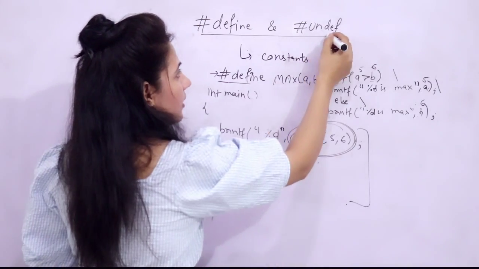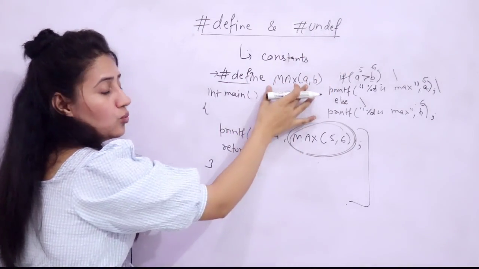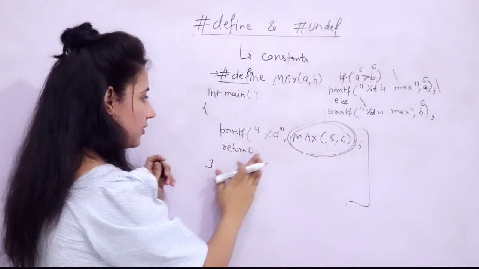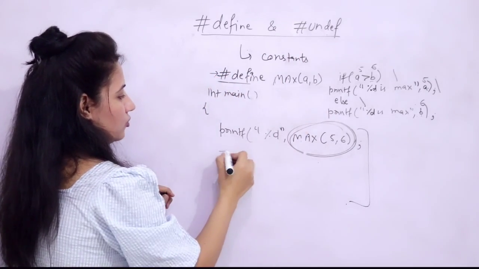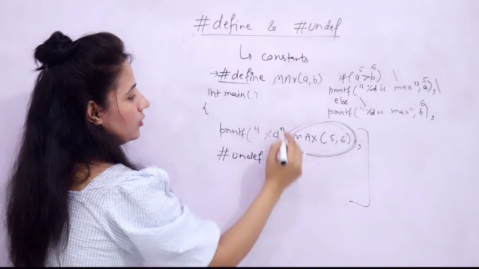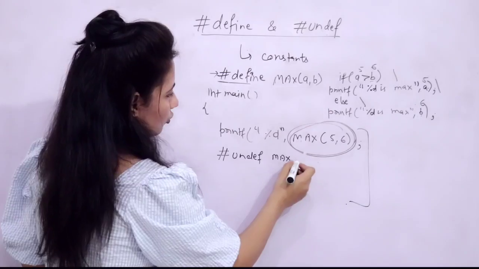Now how to use this undefine? If you want to undefine the macro which we have defined using hash define, then you can use hash undef. Now I want to undefine this one. So after this you can add hash undef, just write down the macro name max, no semicolon here.